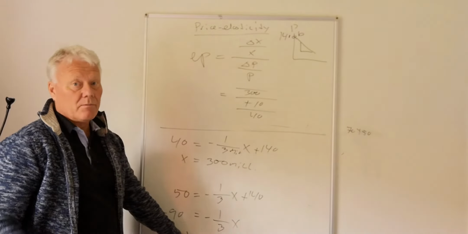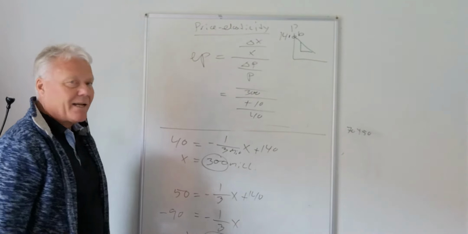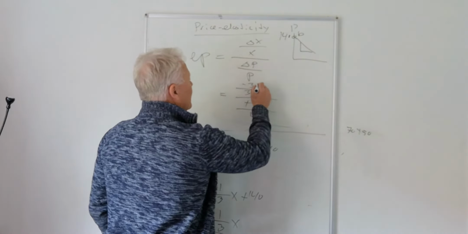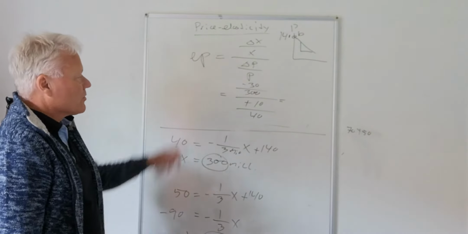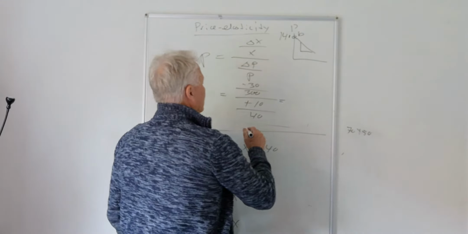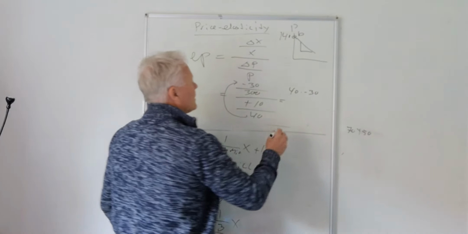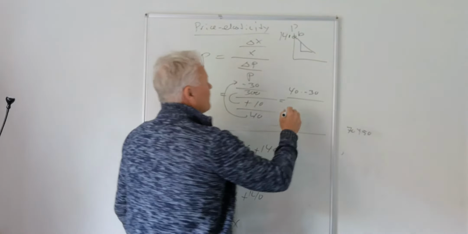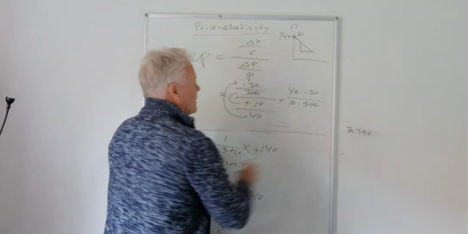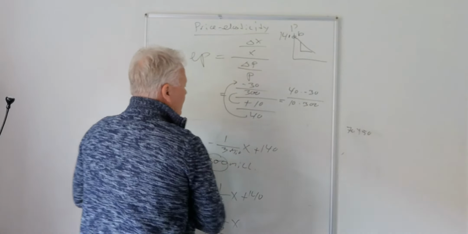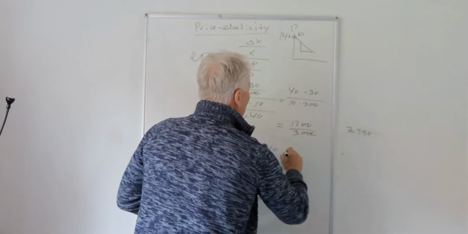So the change in the number of units sold is 300 to 270, and that is minus 30. And the price is 40. If I solve the equation here, I get 40 times minus 30, that one goes up here, and this one goes up here, 10 times 300.